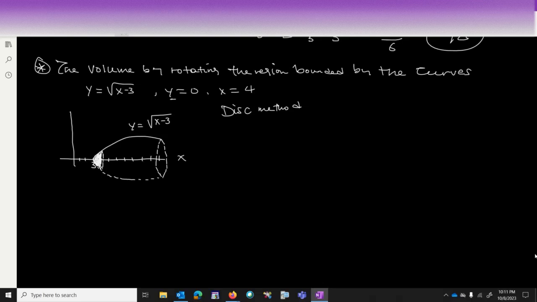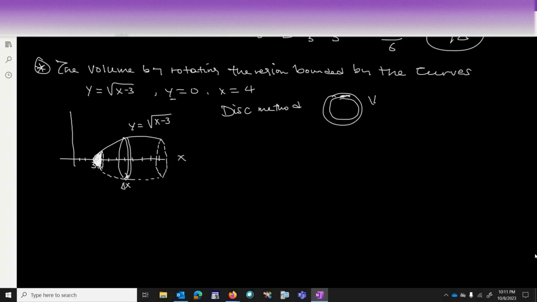In the disk method, any disk in this given volume has a thickness dx. This amount of dx.